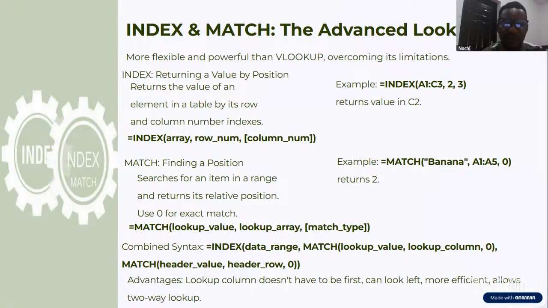So it will go to a particular table and pick a particular cell for which you provide the row number and the column number. Once you provide this, it will give you a value. The value could be text, it could be numbers, okay? So that is index. While the match is going to return a numerical value, meaning a number, right? The match is going to return a number while the index is going to return a value. So let's get to it.